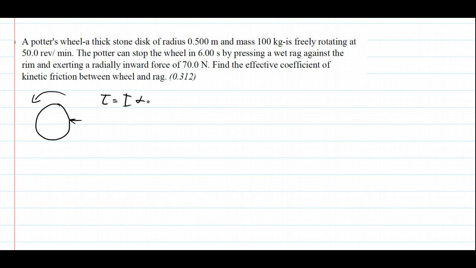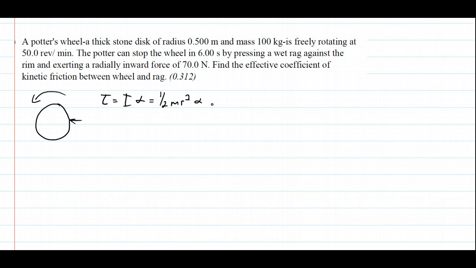The first thing we want to do is figure out what our moment of inertia is going to be for a solid, thick stone disc. If you look at the chart, or any chart online, we'll see that the moment of inertia for a thick disc of this sort is going to be 1/2 mr squared.